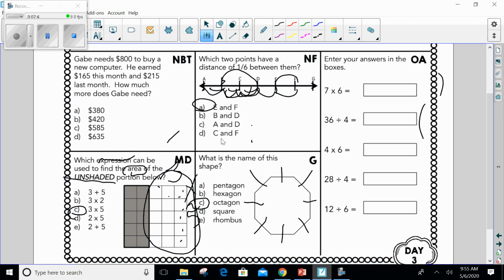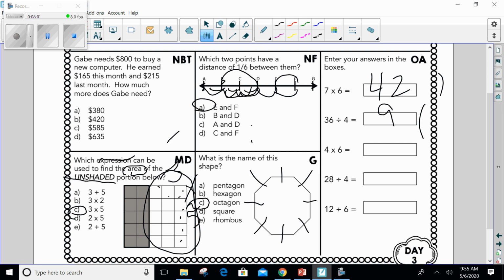7 times 6 is 42. 36 divided by 4. Change it to a multiplication problem. 4 times what equals 36? 36 divided by 4 is 9 because 9 times 4 equals 36.